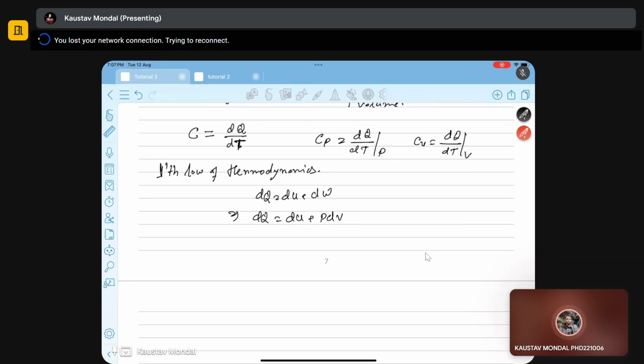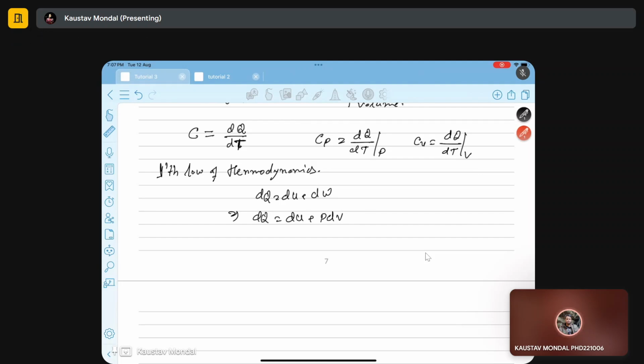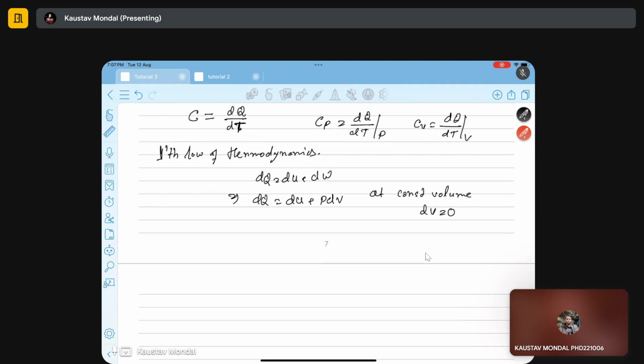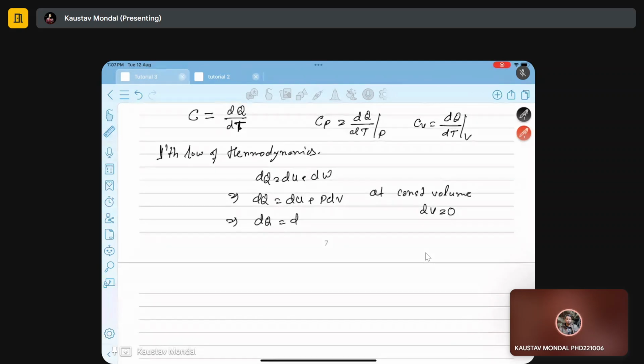If the volume is constant, dv would be 0. At constant volume, dv would be 0, right? So dq would be du, then dq by dt at constant volume, that is simply Cv, is du by dt at constant volume. So the expression of Cv you can write as du by dt.